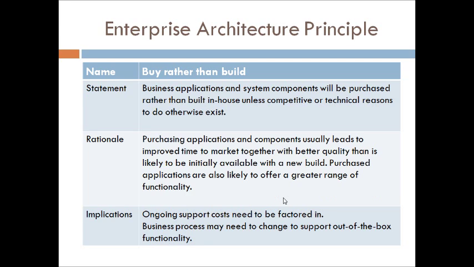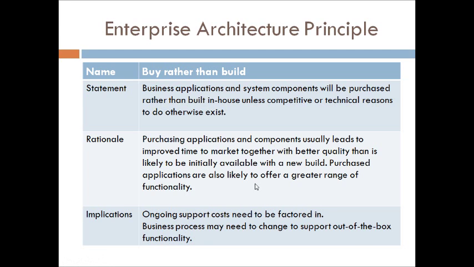This is a small one, but there can be a big deviation from your regular business process, which you have to consider to accommodate the product that you are going to buy.